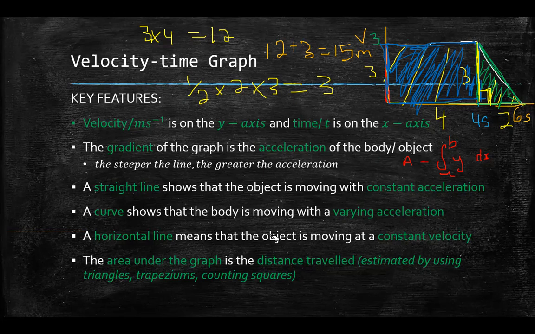Yes, we use the area, but what we really want is the distance traveled. So the unit that we would put is meters instead of meters squared. We just use the area to find the distance. You understand that?